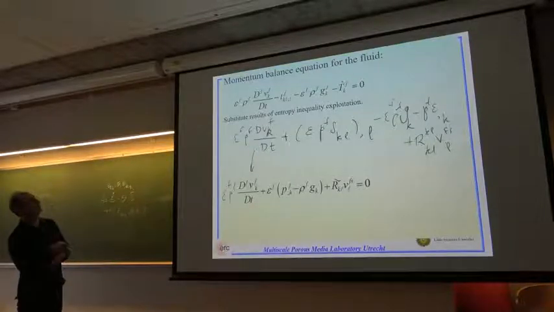So if you put everything back into the momentum balance equation, remember, TKL is only pressure, porosity times pressure, and this is minus pressure times gradient of porosity plus a linear term in VFSL. That's this term here. We substitute that here.